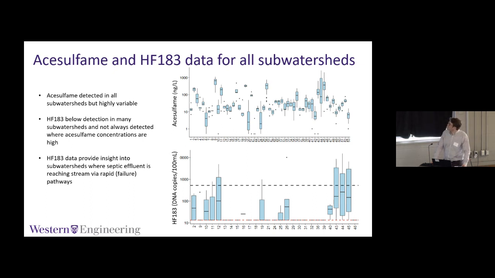Additionally, on the plot, we can see the dotted black line indicates the human risk threshold value of 525 DNA copies per 100 mL, and this is from Boehm et al. This was a study that performed a microbial risk assessment of sewage contaminated waters.